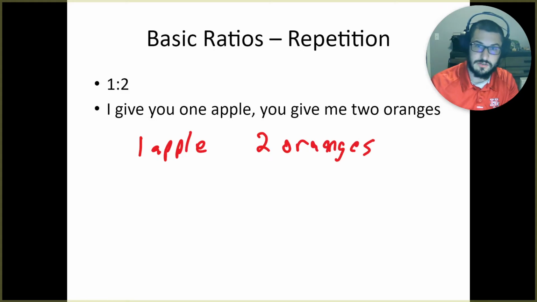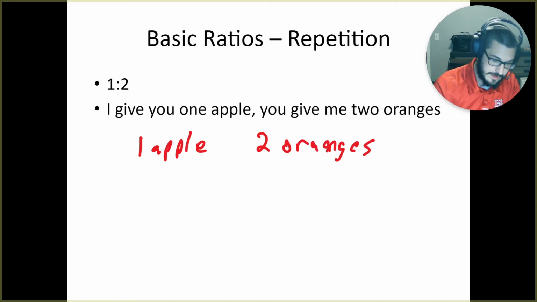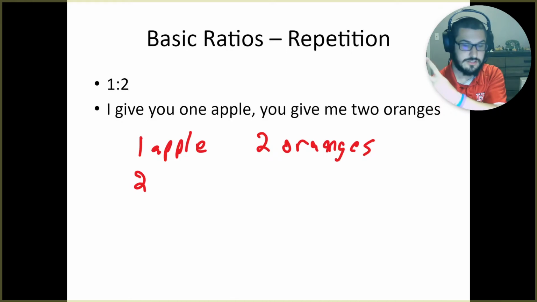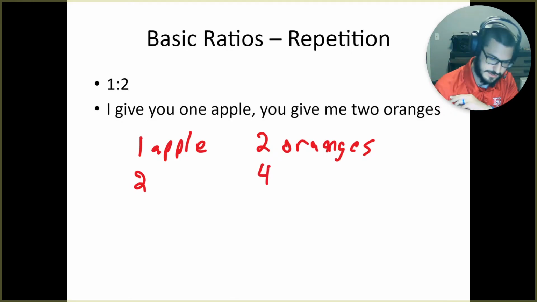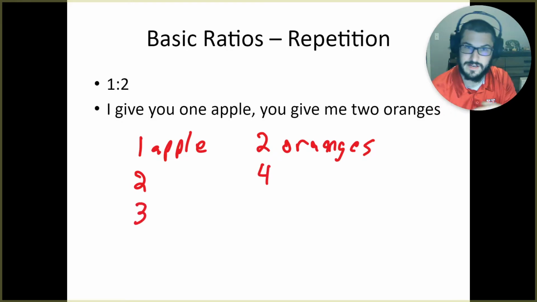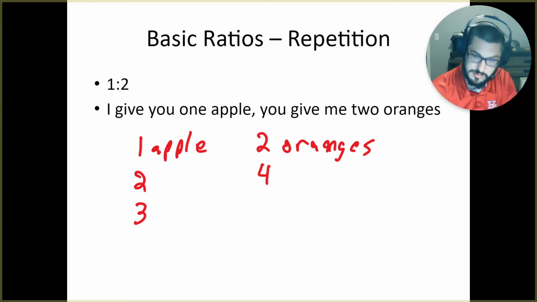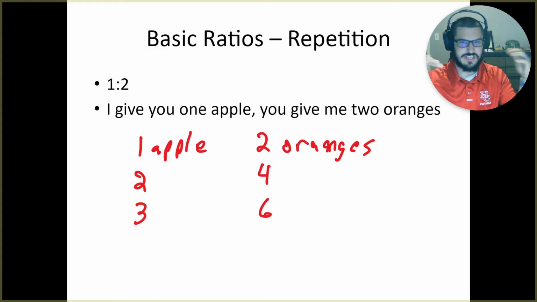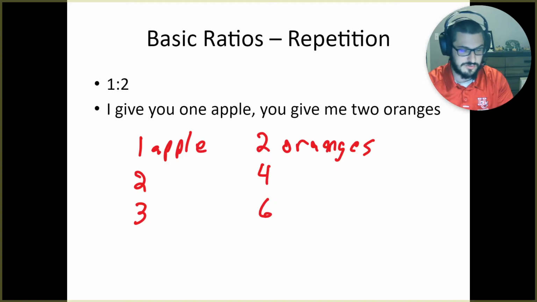If I give you two apples, then you'll have given me two and two, so four oranges. If I give you three apples, you'll give me two, two, and two, so six oranges. And you see that that's just how that goes, that it's just a repetitive nature in those ratios.